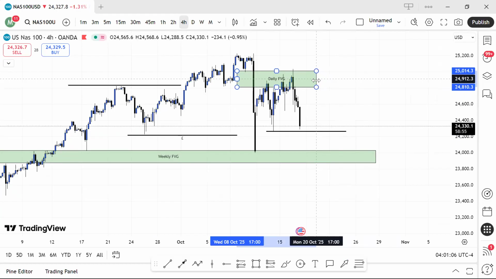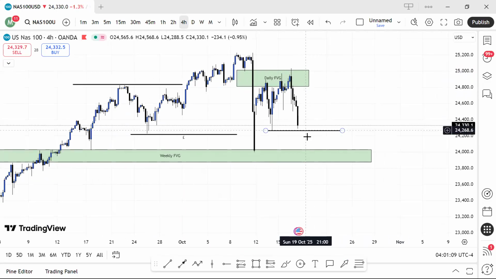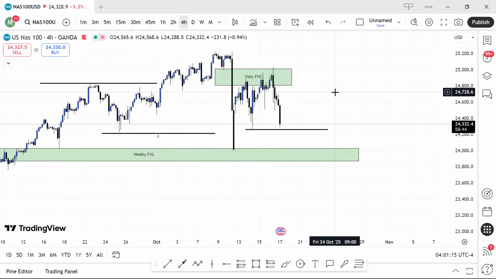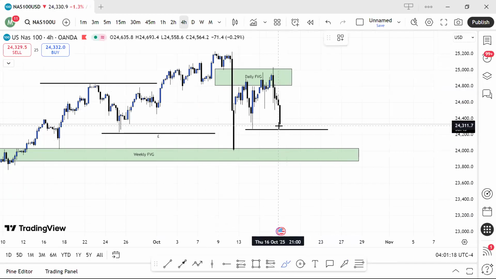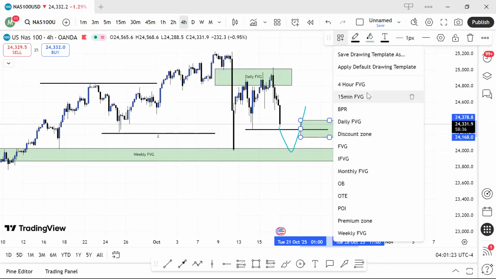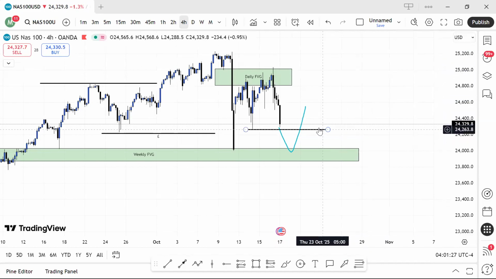And until now, I can say we are bearish, but in case of reversals, then I'll be waiting to see some kind of higher time frame bullish point of interest, like H4 or daily time frame fair value gap, then long from those ones.